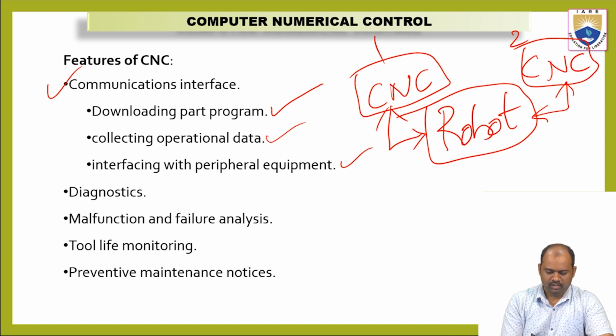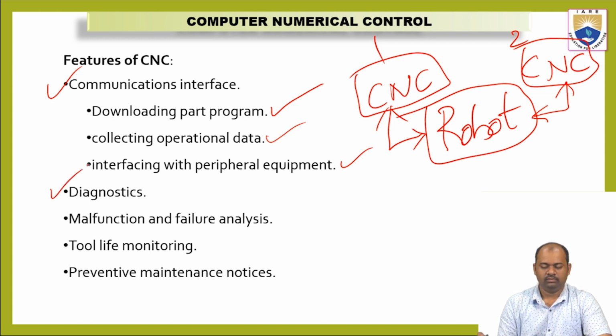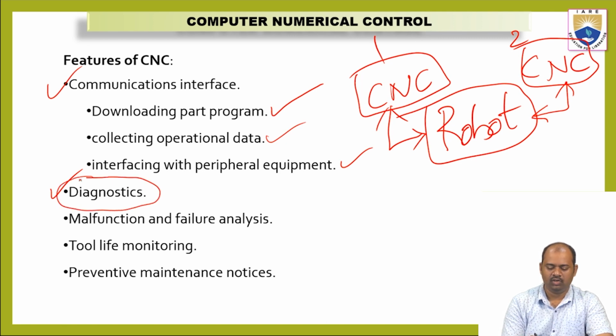Now, another important feature of CNC is diagnostics. Whenever the machine is operating at abnormal speed, or some parts of the machine are malfunctioning, or any damage has happened to the machine, or any problem has happened with the motor which is running the manufacturing machine, those diagnostics can be automatically collected and shown on the CNC machine.